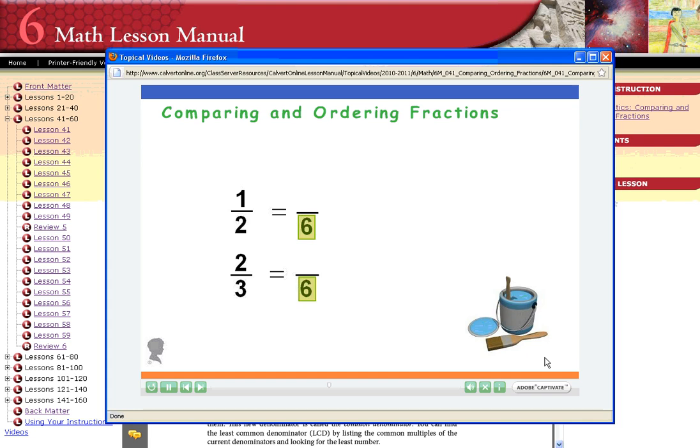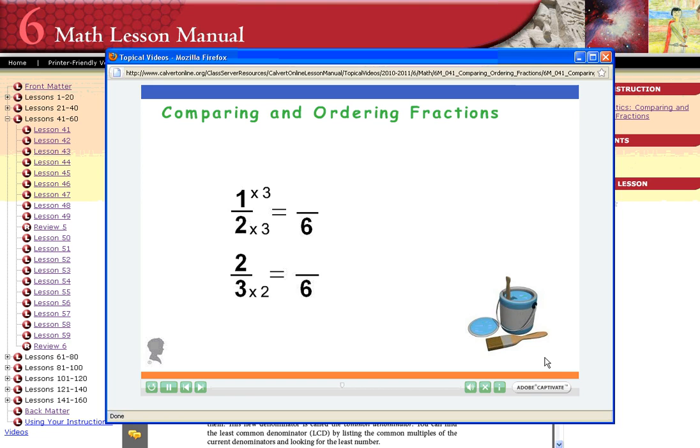After the least common denominator has been found, the numerators of the fractions need to be changed to create equivalent fractions. In the first fraction, the denominator must be multiplied by 3 in order to obtain 6. This means that the numerator must also be multiplied by 3 in order to obtain an equivalent fraction.